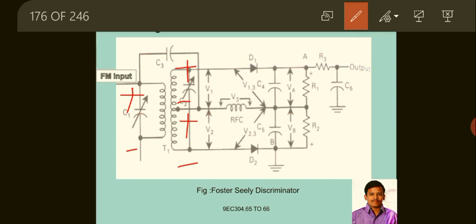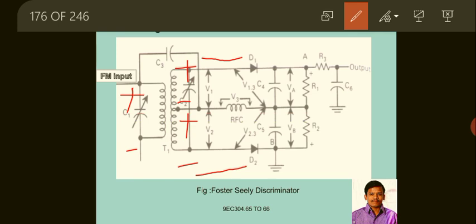Therefore this plus sign is connected to D1, this minus will go to the D2 anode. So from the working principle of the diode, diode D1 will be forward biased, diode D2 will be reverse biased. Therefore D1 will be on, acting like a short circuit. Since D2 is under reverse bias, it acts like an open switch.